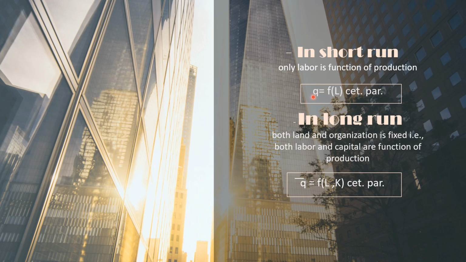So here Q equals F of L, ceteris paribus, and here Q bar equals F of L, comma K. Here we have written a Latin term called ceteris paribus. Ceteris paribus is a Latin term meaning except the factors mentioned, all other factors remain constant or fixed.